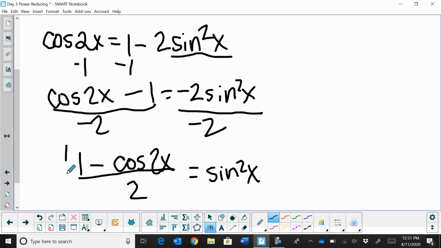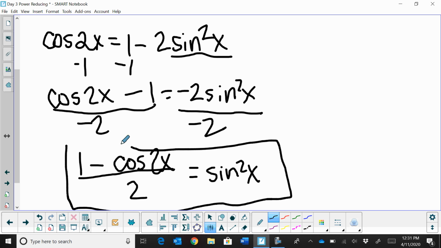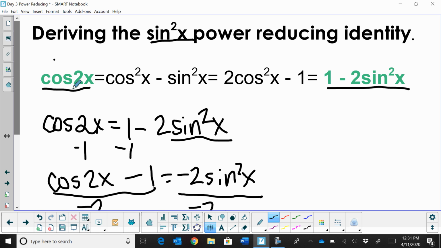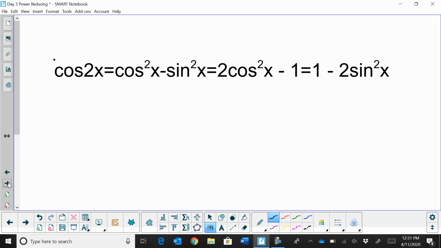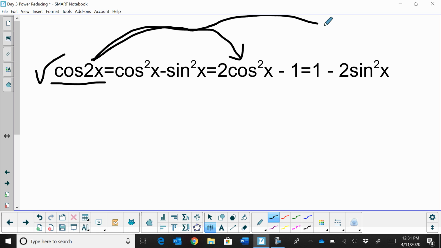And there's our power reducing formula for sine squared. And all we've done is use the double angle for cosine to find that. So we've used the double angle for cosine to isolate the power reducer for cosine squared and for sine squared.